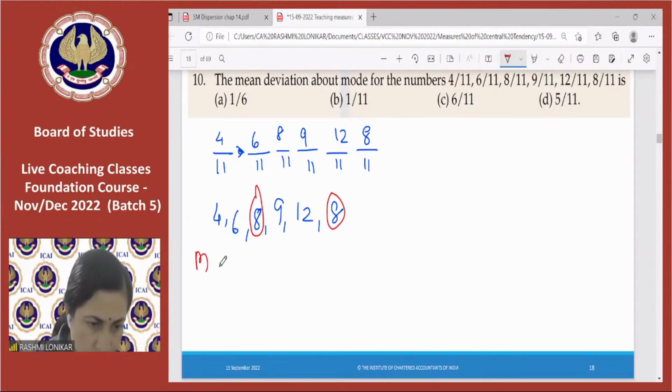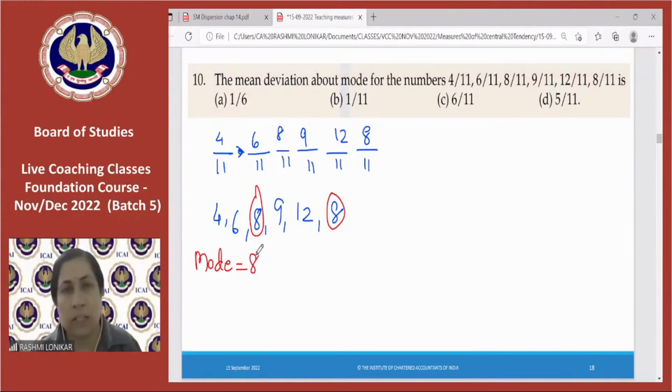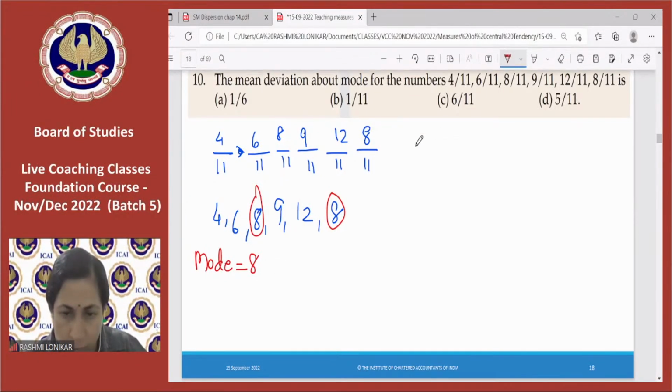So mode will be 8. Last time we have done that: mode is the observation which has the maximum frequency. So here mode is 8. Now I want to find mean deviation about the mode. So I will take the numbers. This will be x, and this will be the absolute value of x minus 8 upon 11.